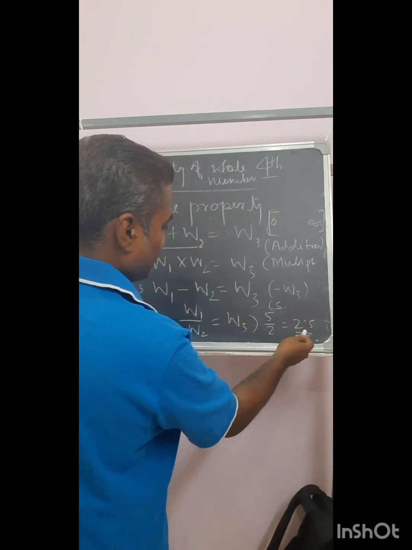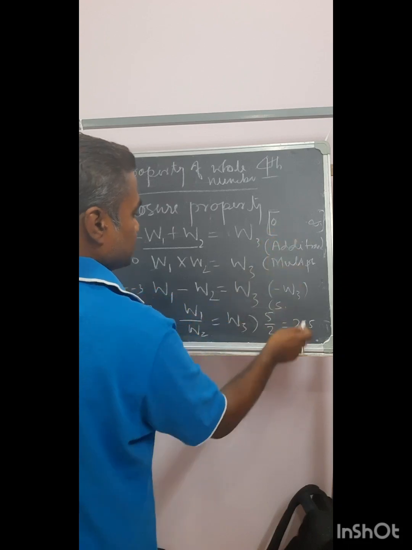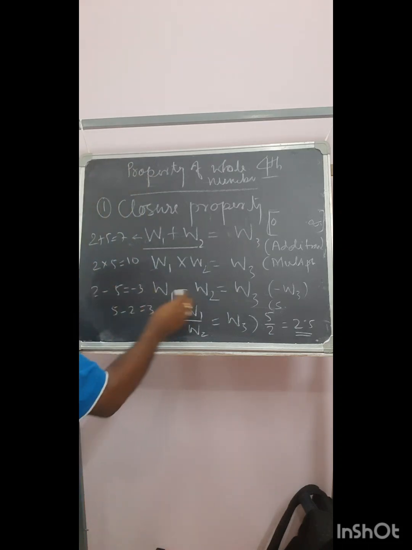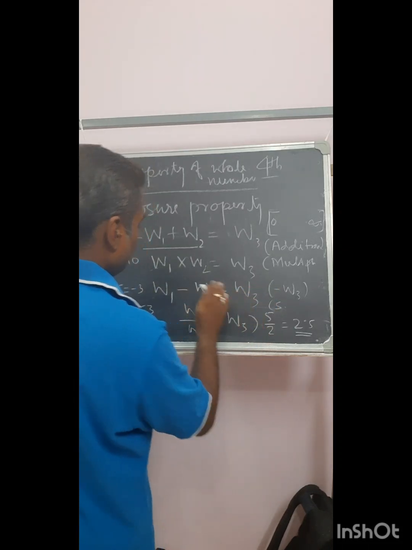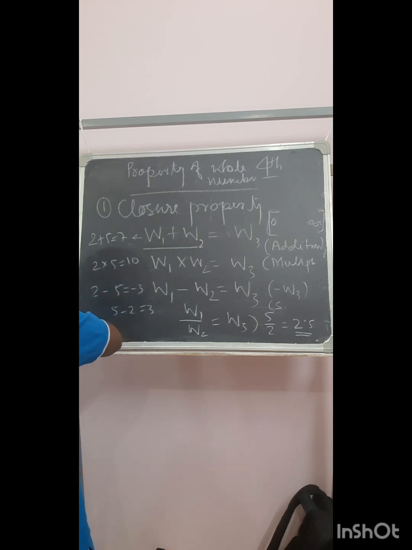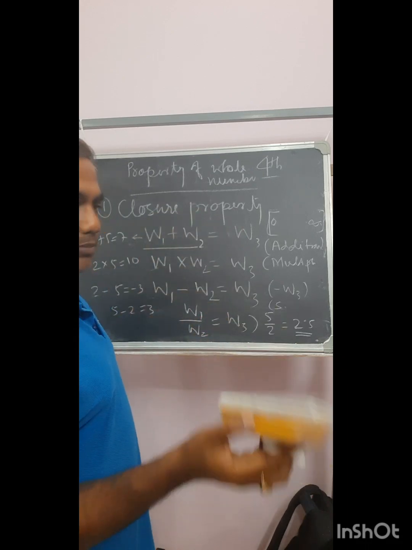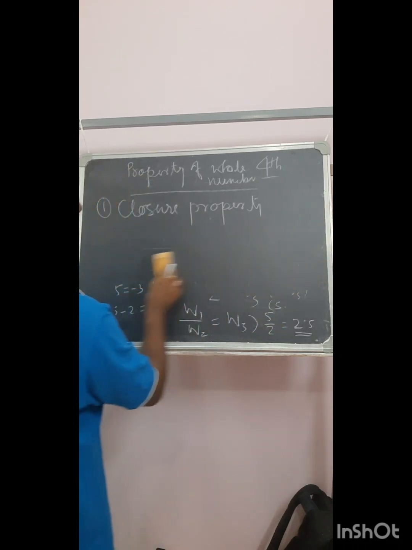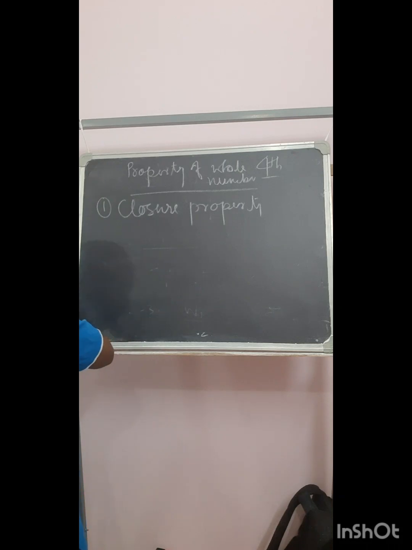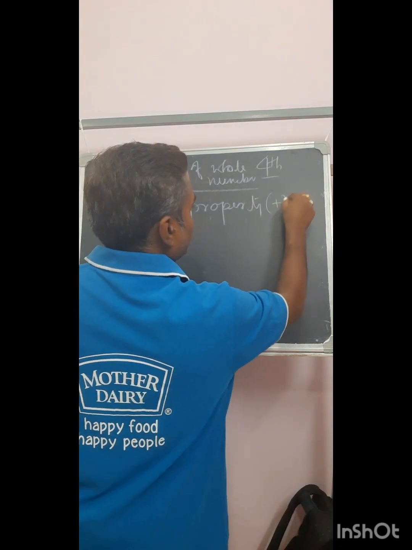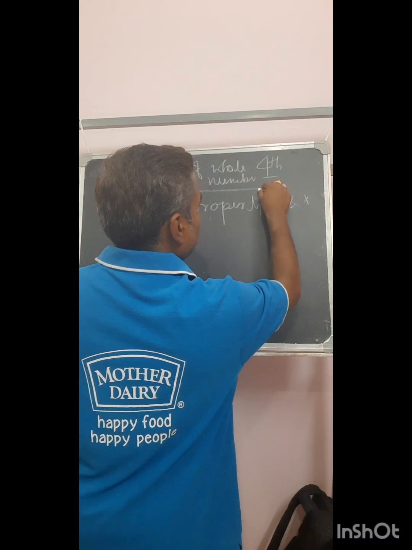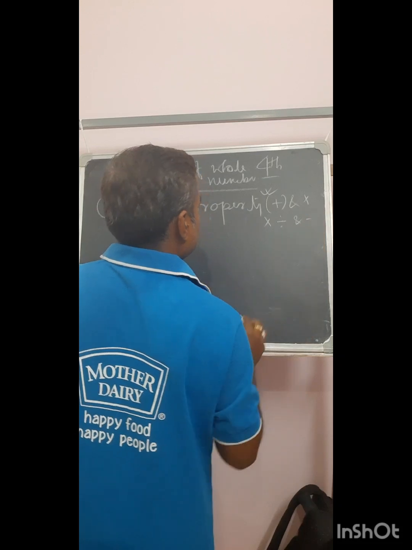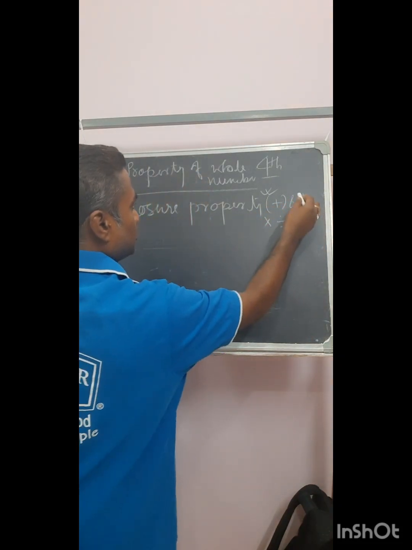So it does not follow the closure property, where the result also has to be a positive integer. So subtraction and division will not follow the closure property. I will apply this kind of thing to the other properties also. So remember, closure property is good for addition and multiplication, but not for division and subtraction.